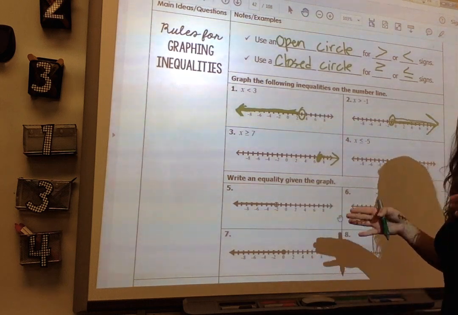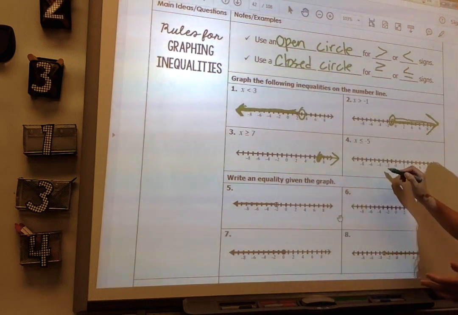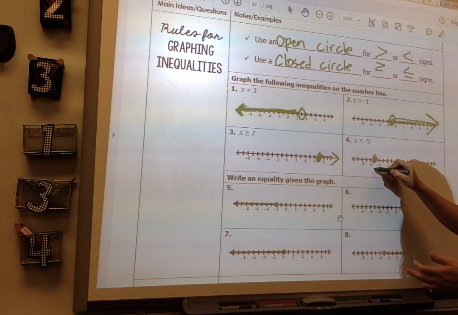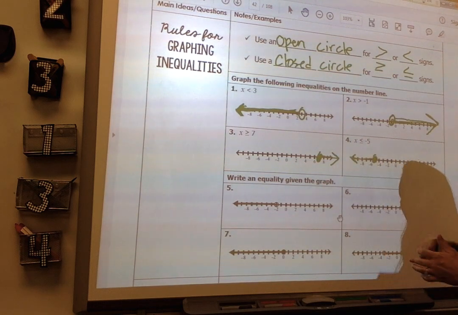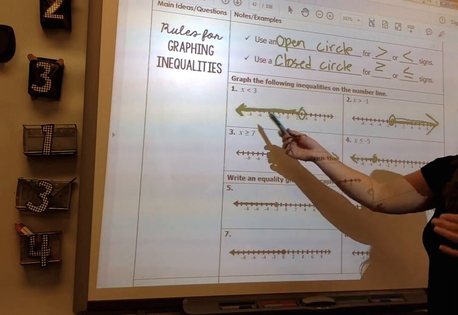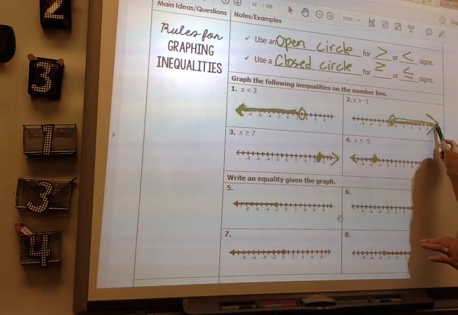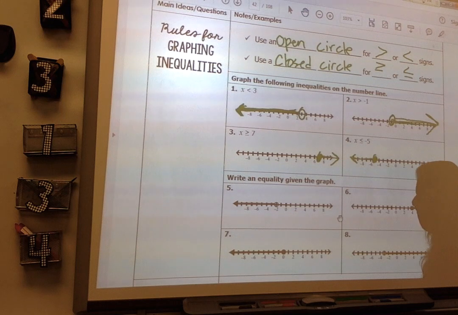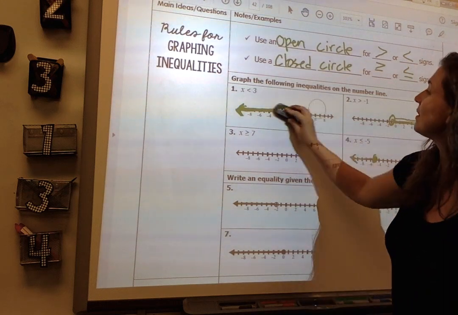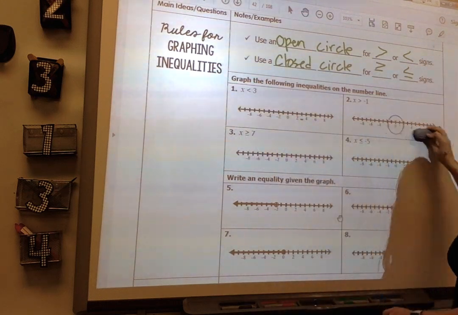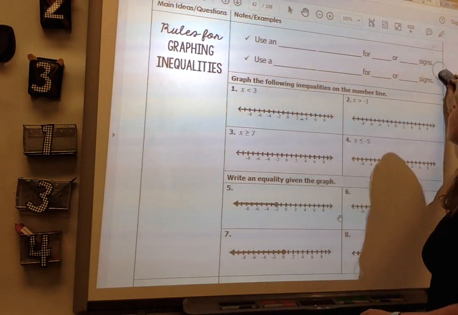Can x be -5? It absolutely can. So I'm going to close the circle at -5, and then I'm shading all the way left. Notice when my variable is on the left-hand side, these arrows match the direction of my line, okay? So that's how we graph them. That's what the open circle versus closed circle means.